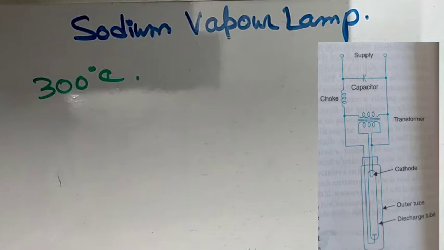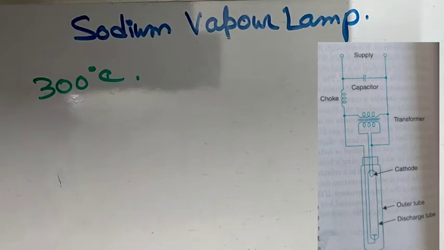Thus the bulb starts as a neon lamp and then gradually changes from red to yellow as the temperature rises. And because of the monochromatic yellow light, which makes objects appear grey, these lamps are used for street lighting and highway lighting.